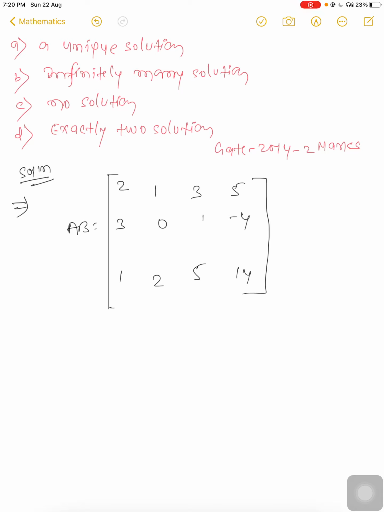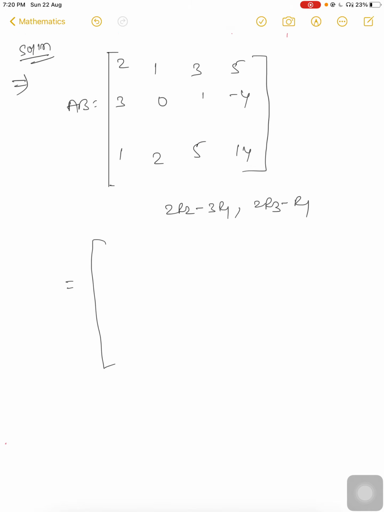Then simplify it. After simplification, how to simplify it? First make R2 to R2 minus 3 R1 and R3 to R3 minus R1.